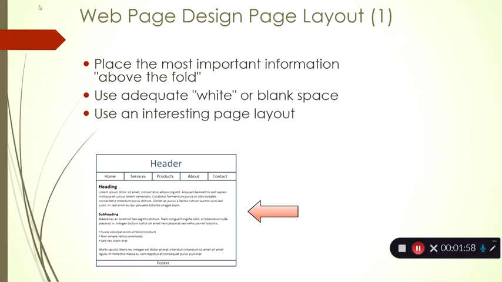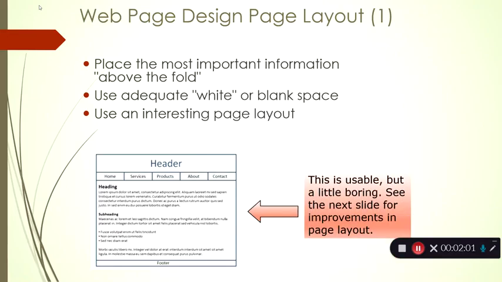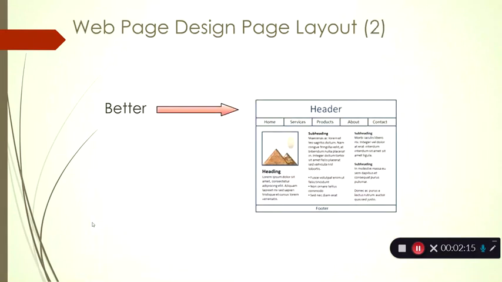Okay, and another thing, you have to always make the content organized in an interesting way. For example, you can see this website is neatly organized, but it is a little bit boring. So we can look at a better display, where you can see the 3-column layout makes it better.